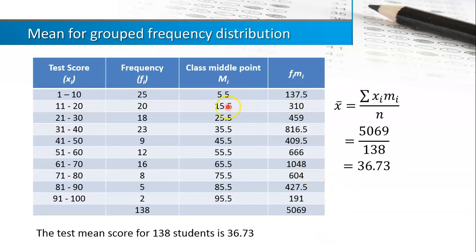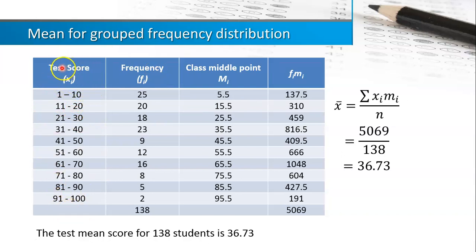If you have to calculate the grouped frequency distribution, if you have too many students, like 200 or 300, you have to group the frequency. This is the class limit given, and this is the frequency here. You don't actually know what the scores are.